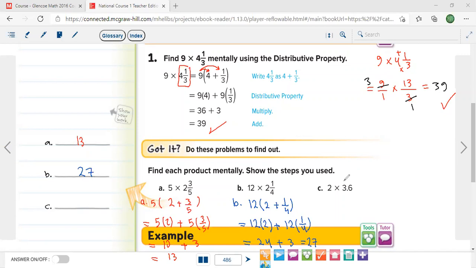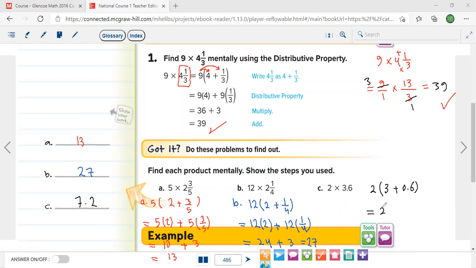Now you can think of it mentally. For me, in my mind, I can say, yes, 2 multiplied by 3, 6. 2 multiplied by 0.6 will give you 1.2. So 6 and 1.2 will give you 7.2 mentally. 7.2. I can find it mentally. If you cannot do it in your mind, you do it in steps like 2 parentheses 3 plus 0.6.